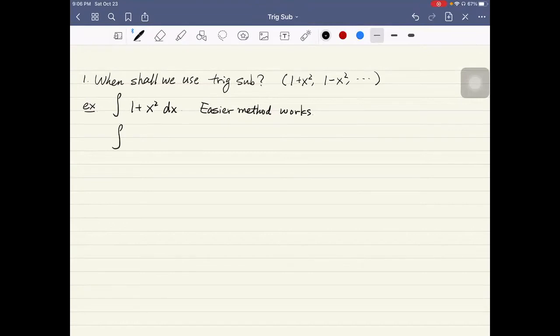But if I want to integrate square root of 1 plus x squared dx, then inspection does not work, and we have to use trig sub. Okay, or we can also integrate square root of 1 minus x squared dx by trig sub.